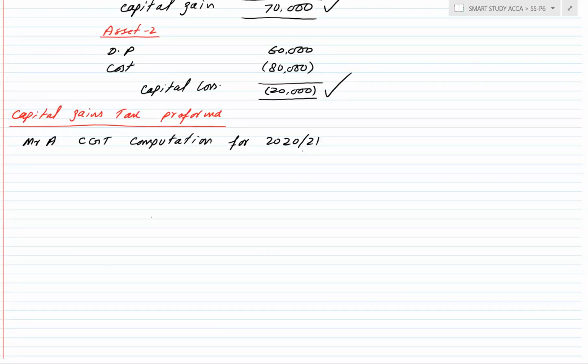Our examinable tax year is 2021, and it started on 6th April 2020 and will end on 5th April 2021.